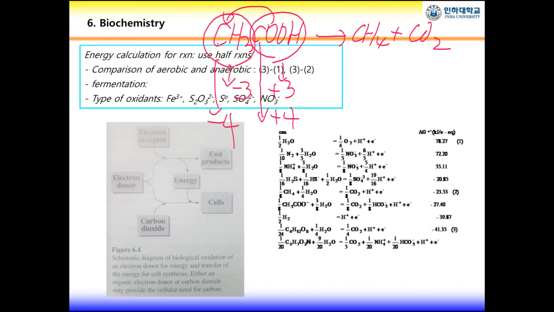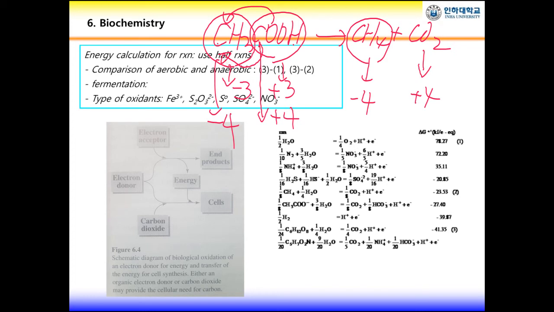If one electron goes, hydrogen also goes with the one electron. So the final product is methane, which has -4 oxidation state, and this carbon dioxide is +4 oxidation state. So the electron is just transferred from one carbon to the other carbon.